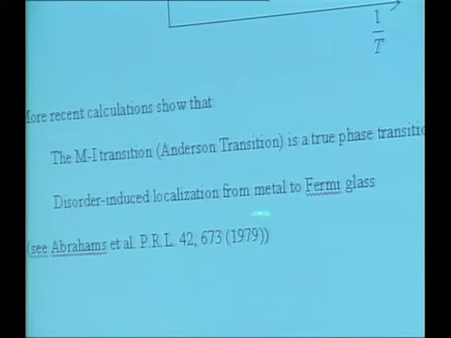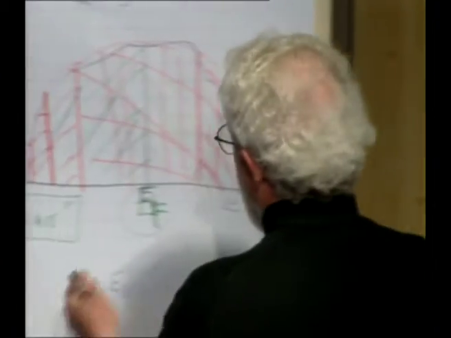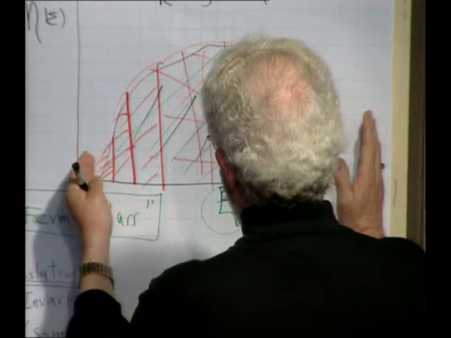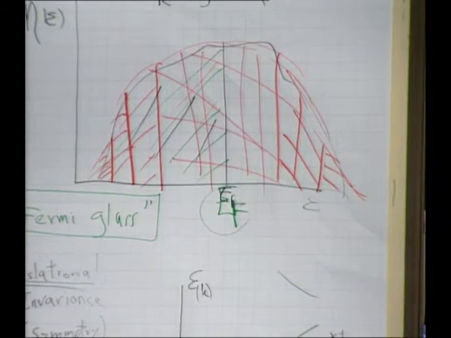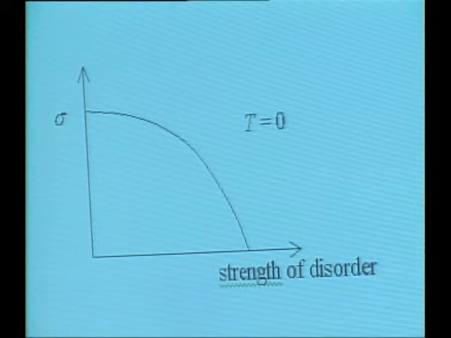You go from a metal to a Fermi glass in the way that I just described, and the way that happens, if you think of a moving picture, as the disorder increases, the mobility edge moves in, and eventually you have a Fermi glass, and that is a phase transition.